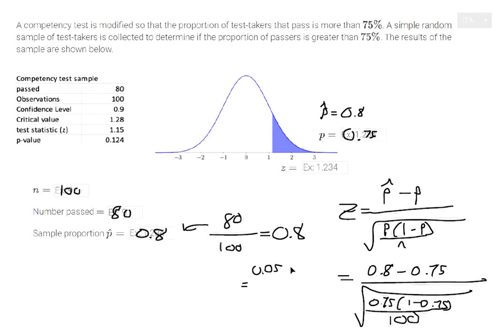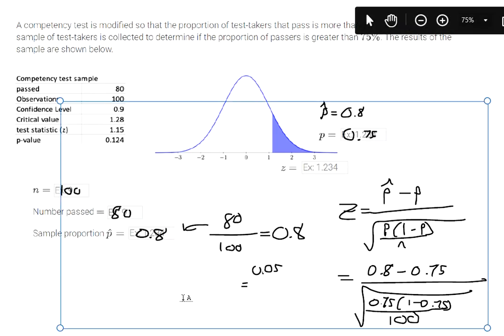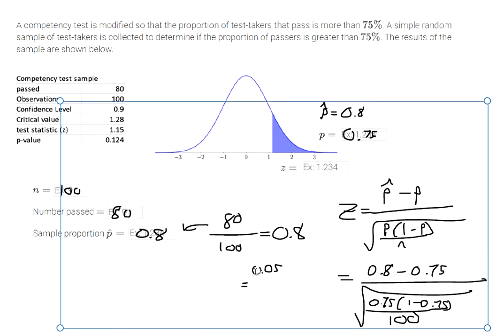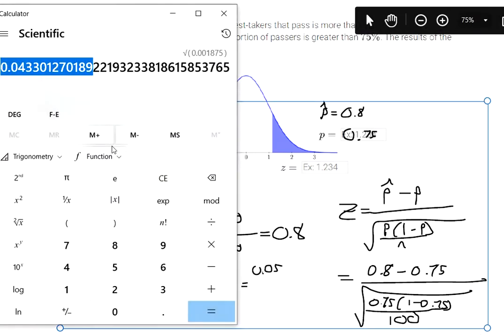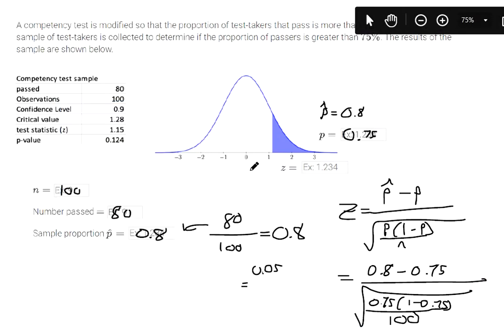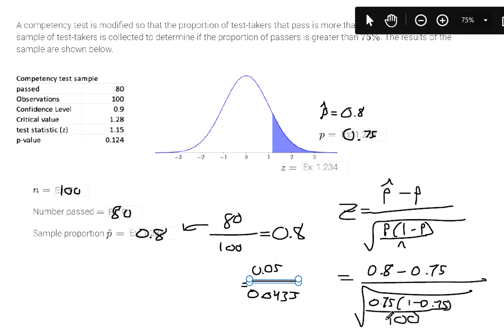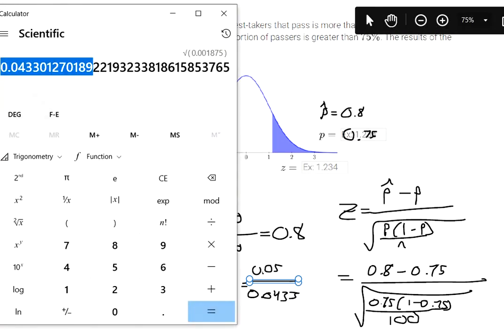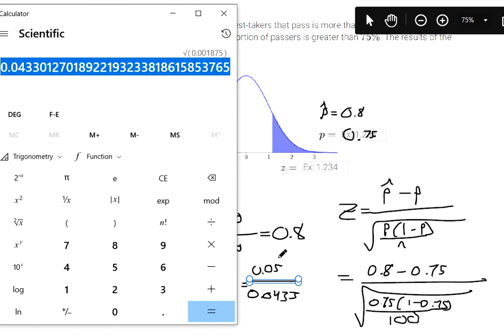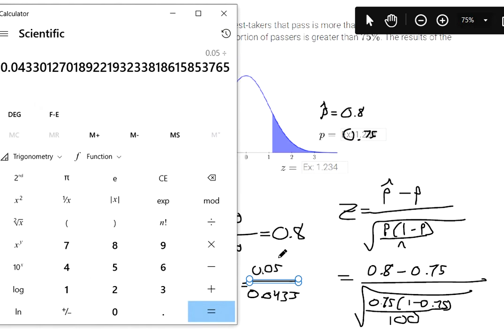So I'm going to take a bunch of decimals with me to make sure I make Zybooks happy. Well, it won't let me. Okay, well, I'll just write it out. 0.0433. I'll just stop there. Because the last step is to take the numerator, the 0.05 that's in the top of the fraction, and divide by the denominator.